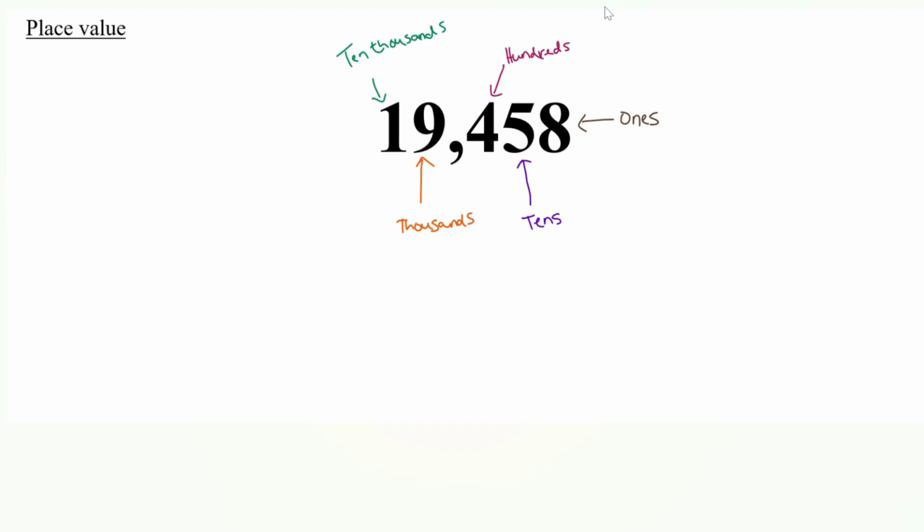Now if we were to write down the value of each of these digits, the value of 1 in 19,458 would be 1 multiplied by 10,000, which is 10,000. The value of 9 would be 9 multiplied by 1,000, which is 9,000.